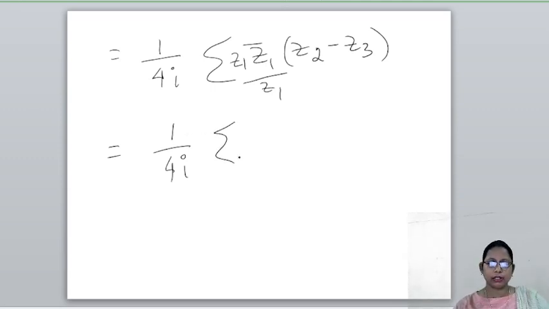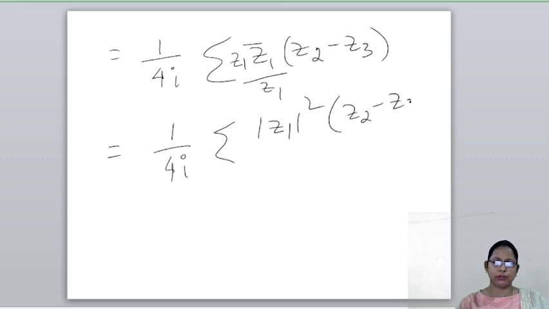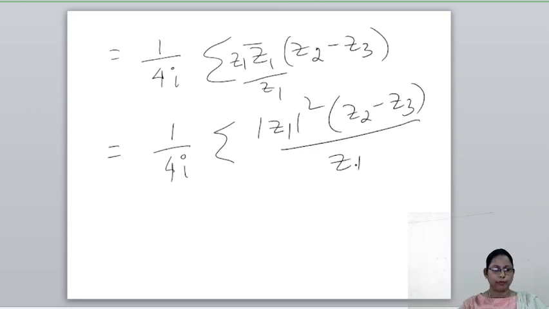So in the next step, this is modulus of z1 square, times z2 minus z3 by z1, which is the required result. With that I would like to conclude. Thank you. The remaining will be in the next lecture.